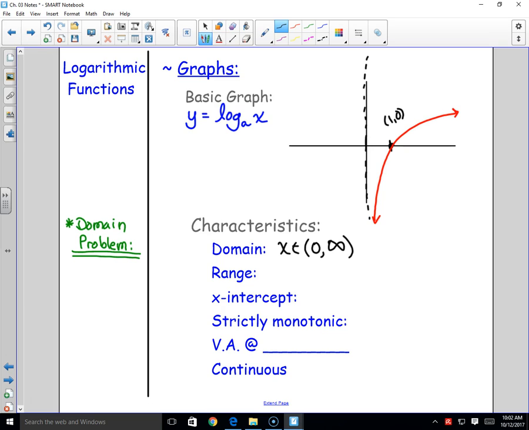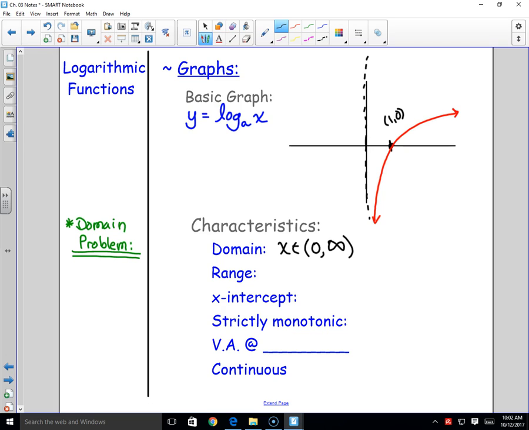Before we go any further, what do you see over here? There's a problem. Where in our notes, maybe using your table of contents, did we first start talking about domain problems in functions? It was in chapter 1. We talked about domain with rational functions, but it was way before that.